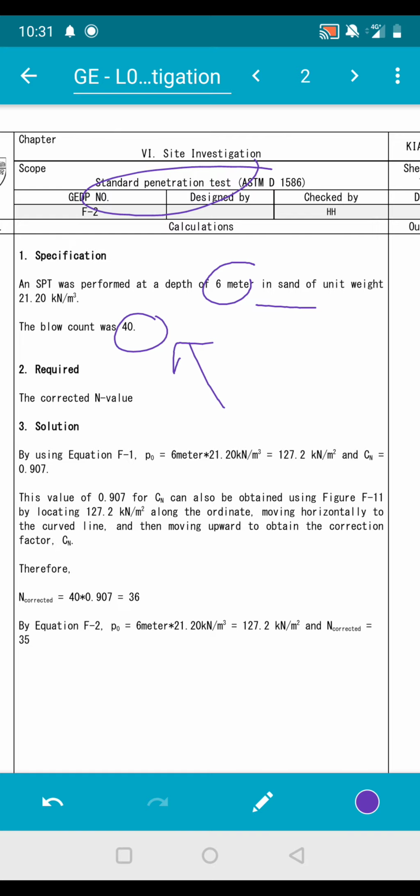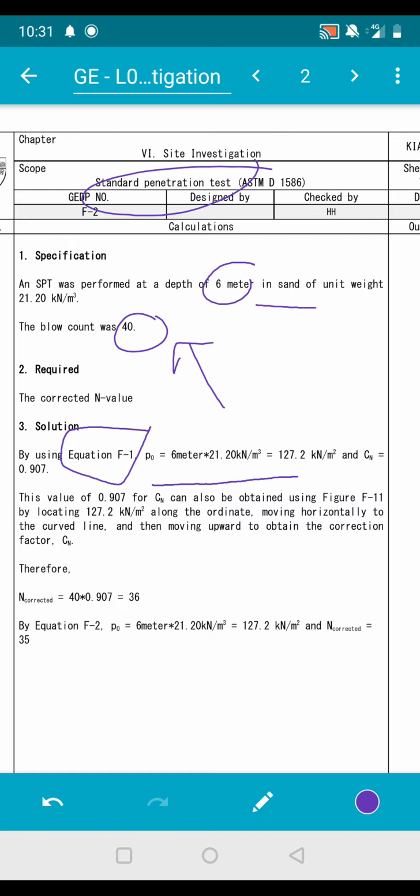By using equation F1, please refer to your note. The effective overburden pressure is equal to 127.2 kN per meter square, and your correction is 0.907.